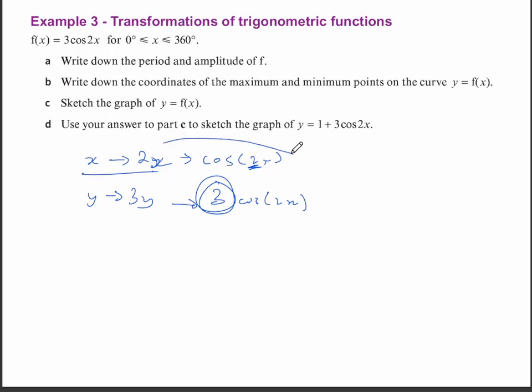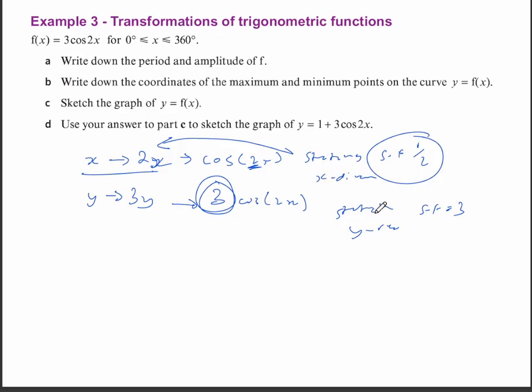Now, this one right here, what it does is it stretches by scale factor a half. If you don't know how I got this, go back and watch the functions video. I explained this throughout, yeah? And here, this is the stretch in the y direction, scale factor of 3. This is obviously in the x direction.